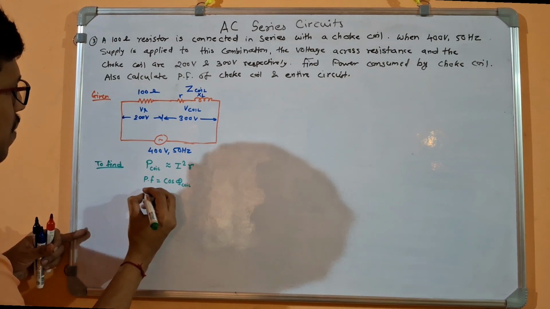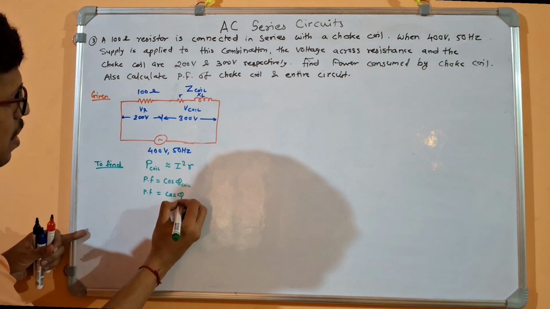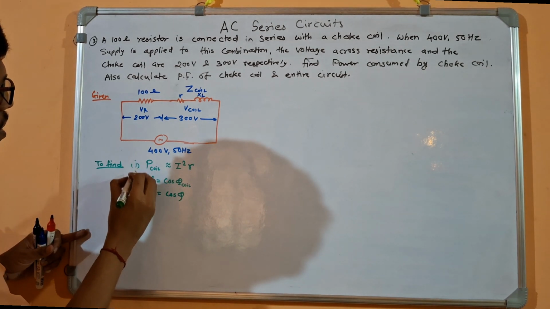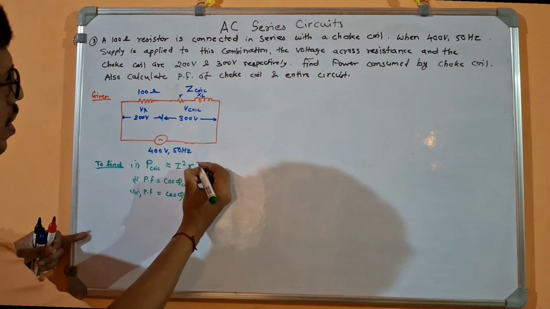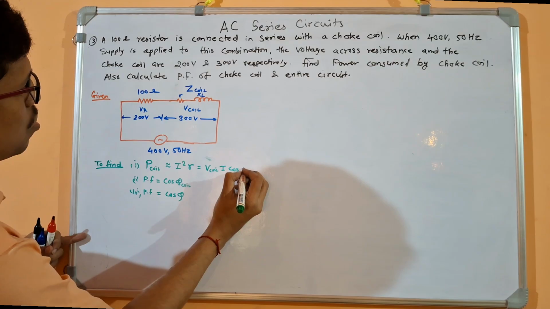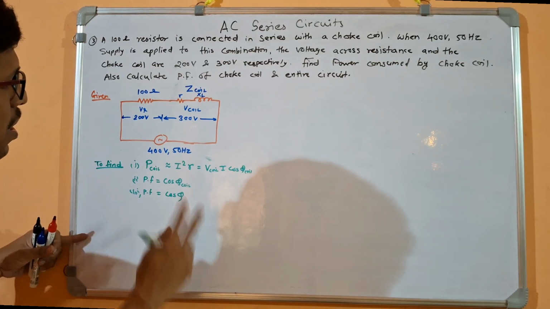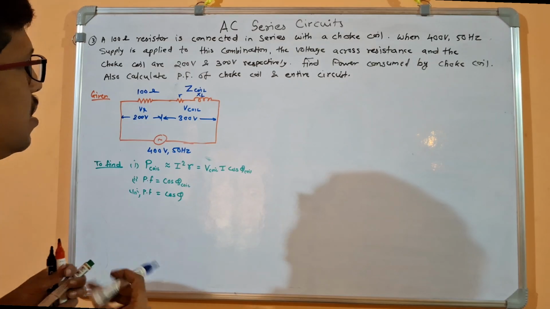And power factor of entire circuit, cos phi. So these three things we need to find. Here you can also use V coil into I into cos phi coil. So any one formula you can use over here. Okay, now let us solve this.